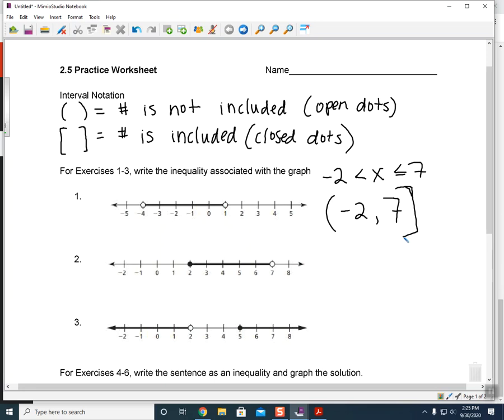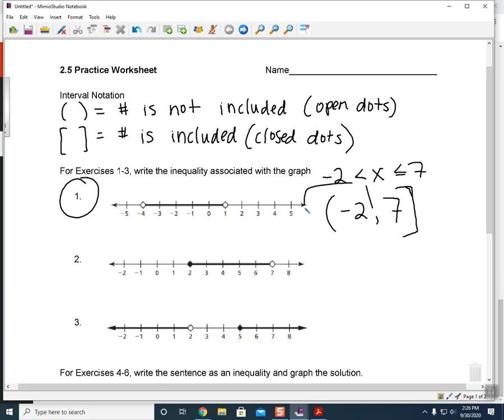This essentially is just an easier, quicker way of displaying my solution that's not a graph, right? So normally we look at this, in this example, number 1, I have a graph, and I want you to write an inequality associated with the graph. And a lot of times what I'll have you do is solve an inequality and then graph your solution.